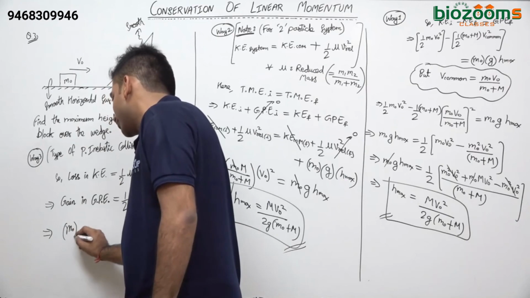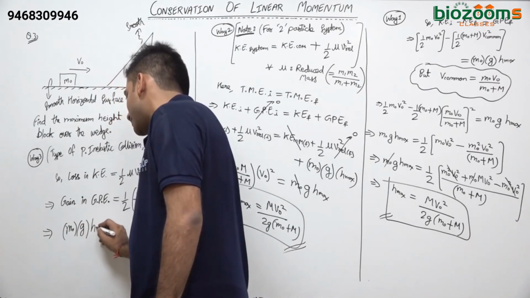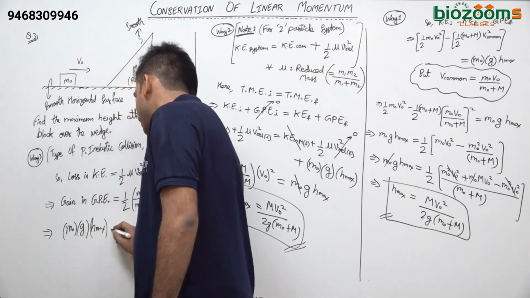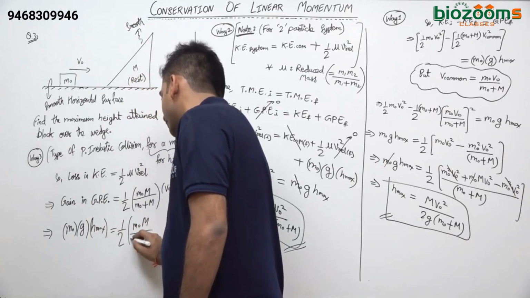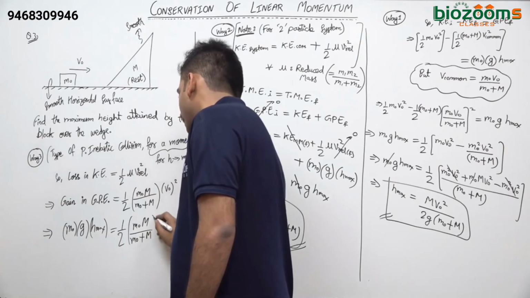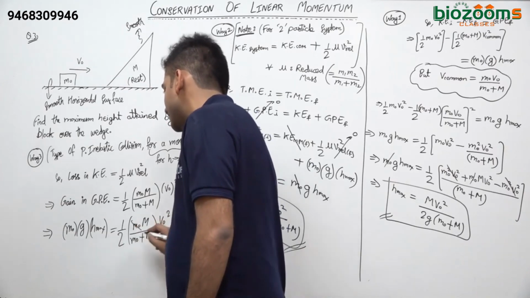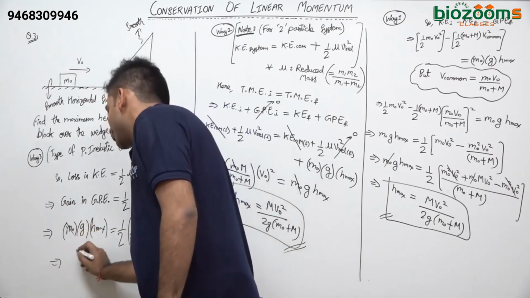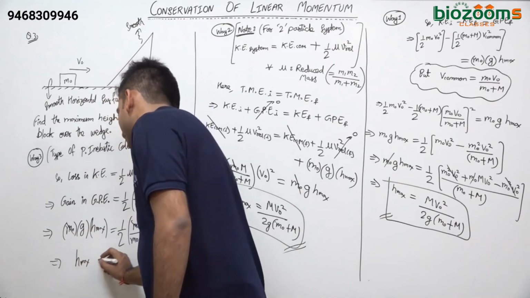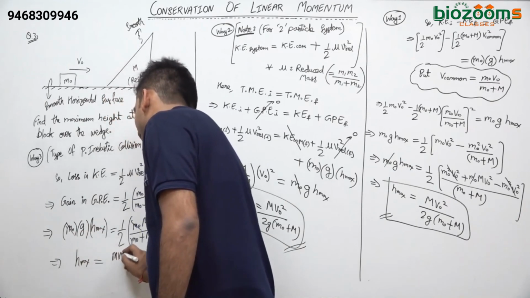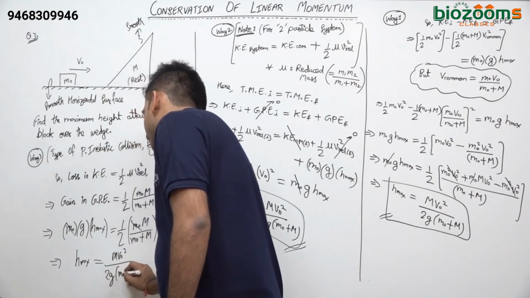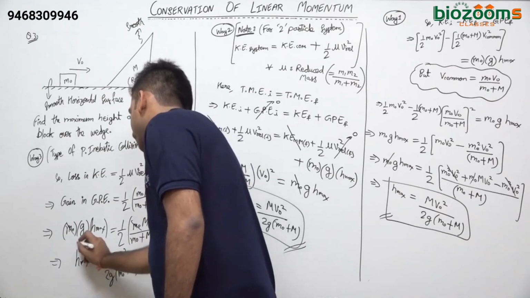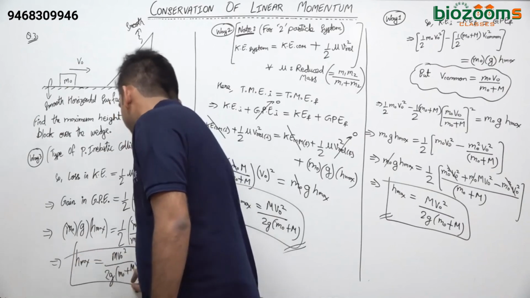So M naught G H max will be equal to half M naught capital M over M naught plus capital M times V naught square. You can see M naught will get cancelled out. So the shortest method, H max will be equal to M V naught square by 2g times M naught plus capital M, the same result.